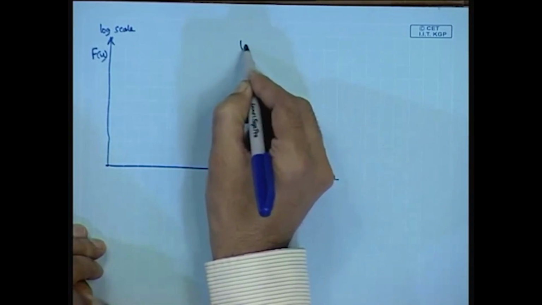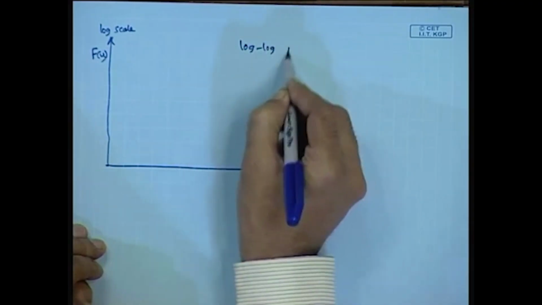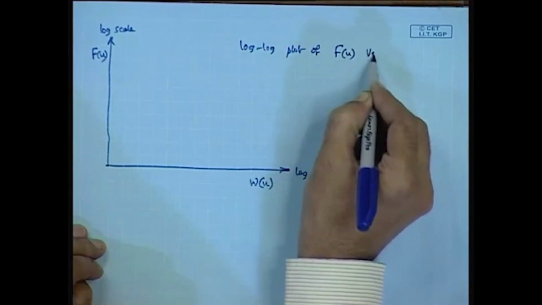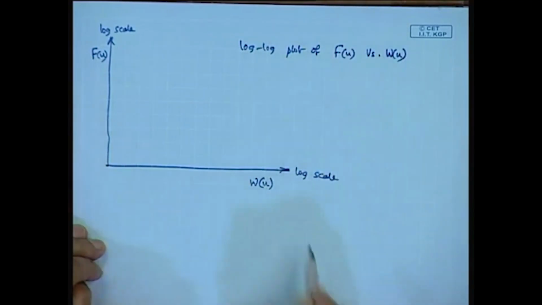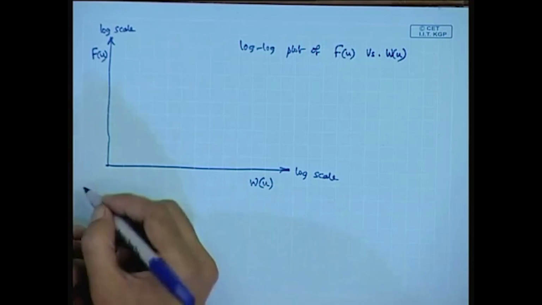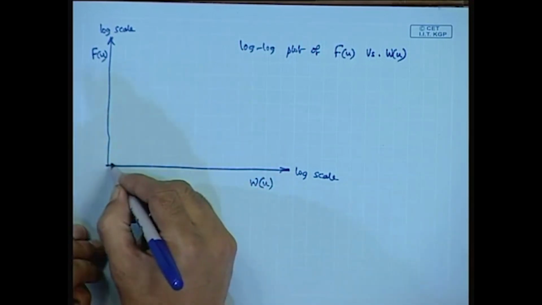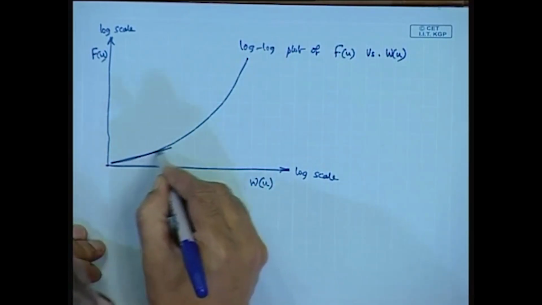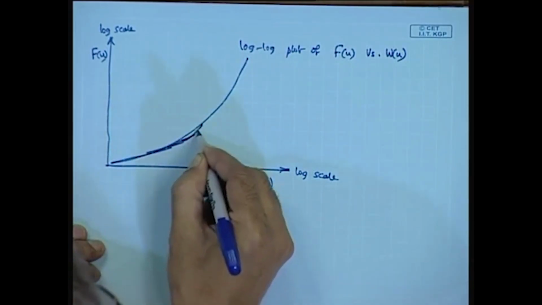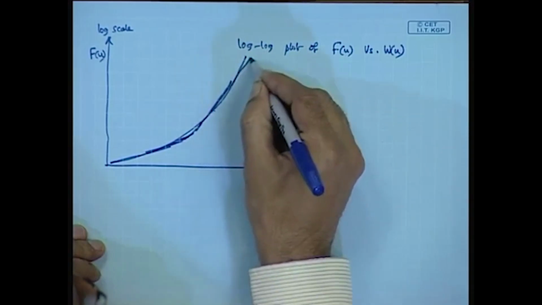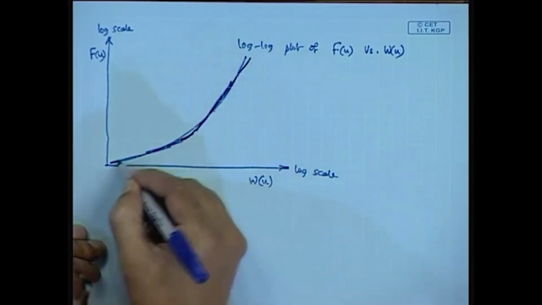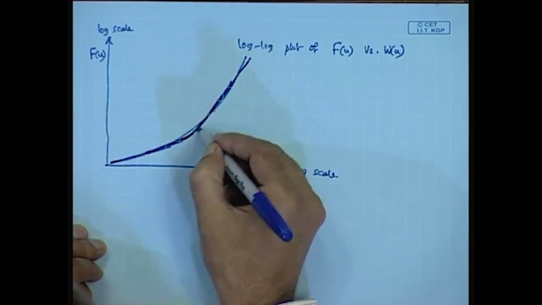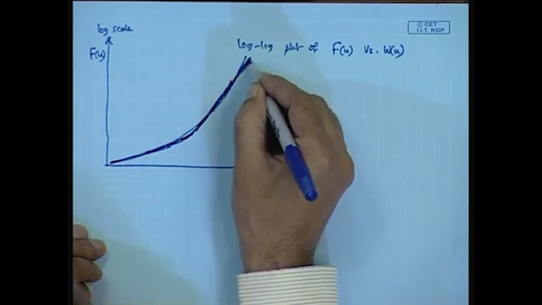So, this is a log plot of F(u) versus W(u), and the curve has a shape like this. Initially the slope is flat, and eventually the slope increases.